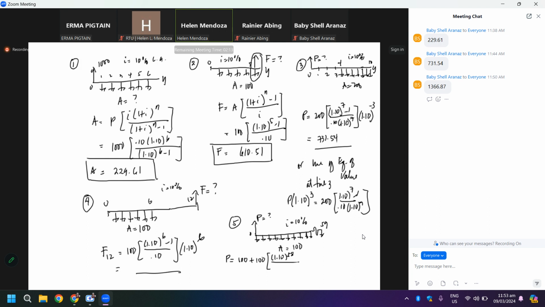Burahin ko na. Bawas ng isa, ma'am, kasi walang laman yung isa. Hindi, 59 pa rin. Kasi wala lang naman yung zero, di ba? Opo, ma'am. O, ayan po.